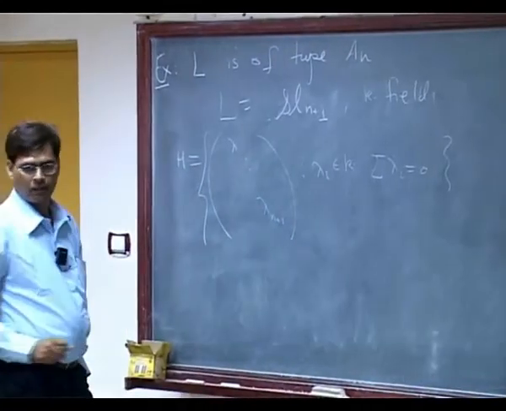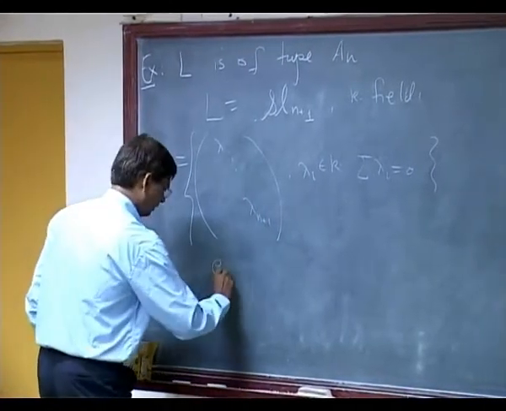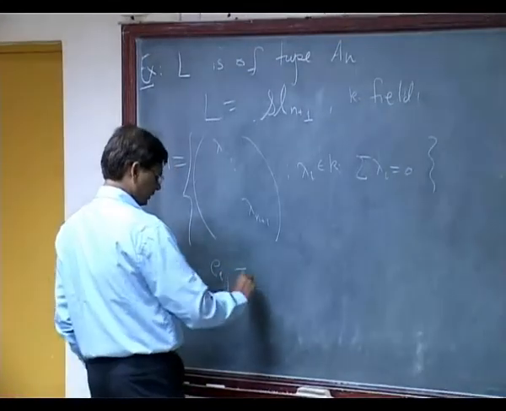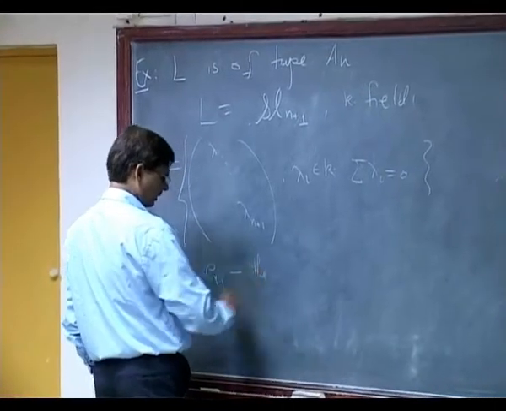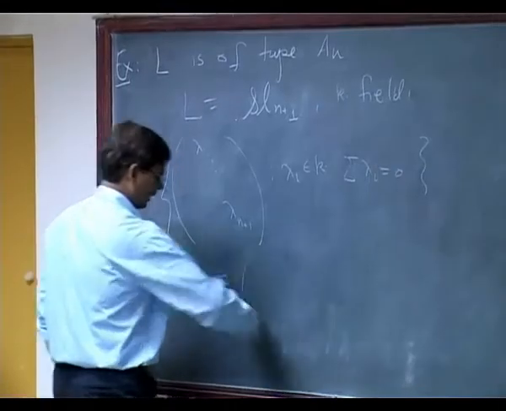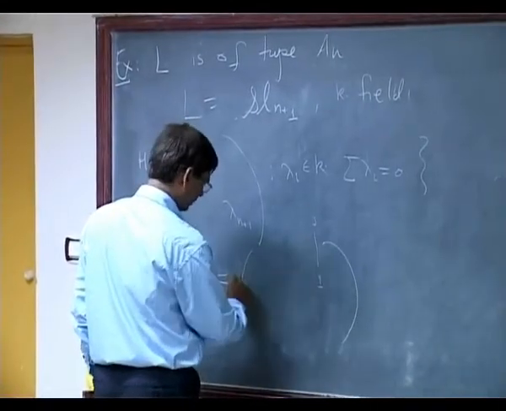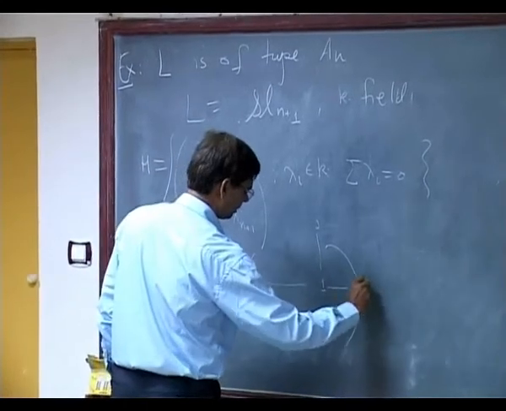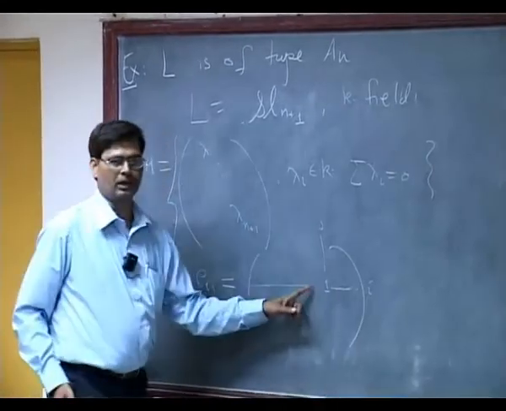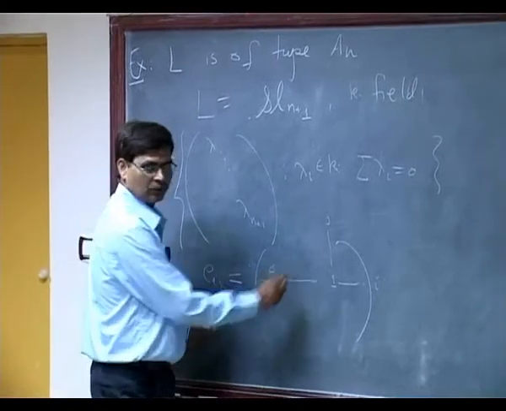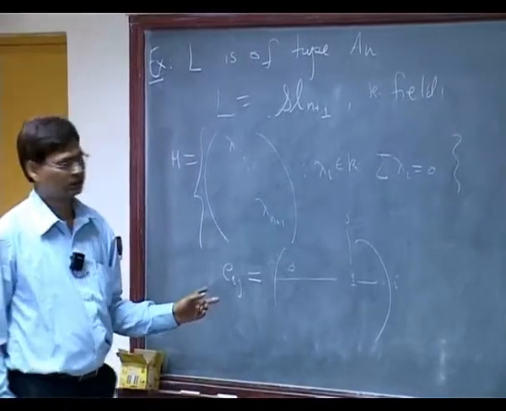And E ij denotes the matrix whose ij-th entry is 1 and all other entries are 0.